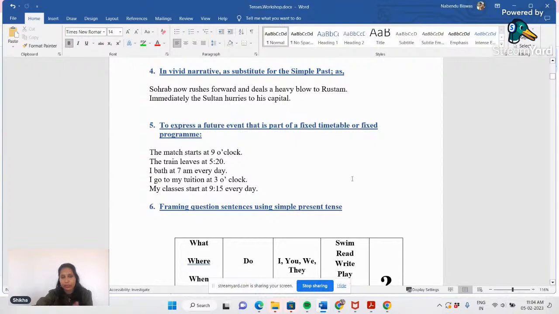So you can use either one. If you are using simple present tense, you might be framing sentences like this: Sohrab now rushes forward and deals a heavy blow to Rustam, or immediately Sultan hurries to his capital. Yes, so when you are telling some story about some king or maybe a fairy tale, at that point of time you might frame the sentences under simple present tense.